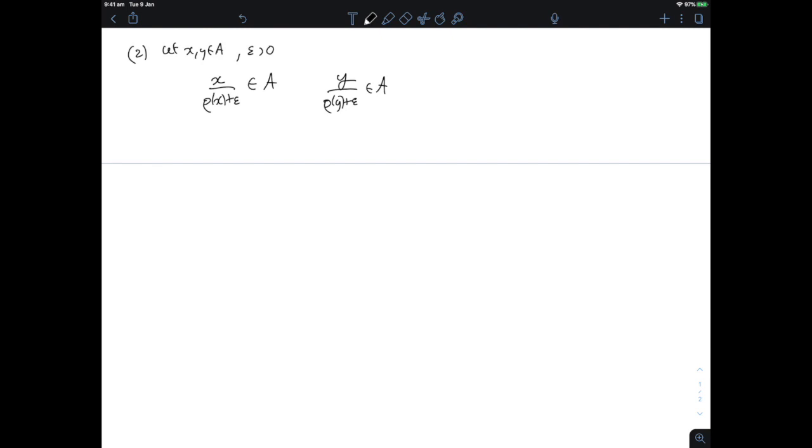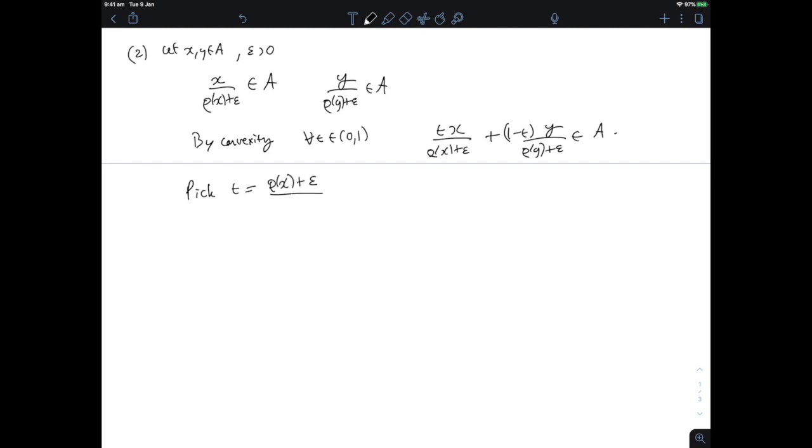Now, by convexity, what do we get? Well, we can take any linear combination of these elements in A and we'll still be in A. So we have that for every t between 0 and 1, t times x divided by rho of x plus epsilon, plus 1 minus t times y divided by rho of y plus epsilon, belongs to A. And now I'm going to make a specific choice of t. I'm going to pick t to be rho of x plus epsilon divided by rho of x plus rho of y plus 2 epsilon.